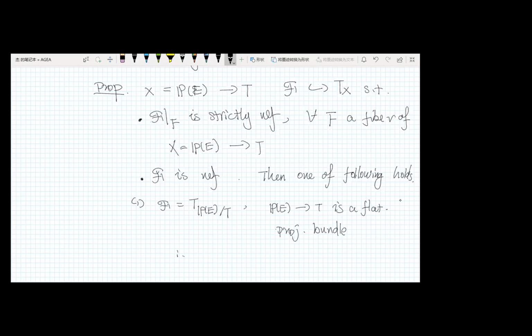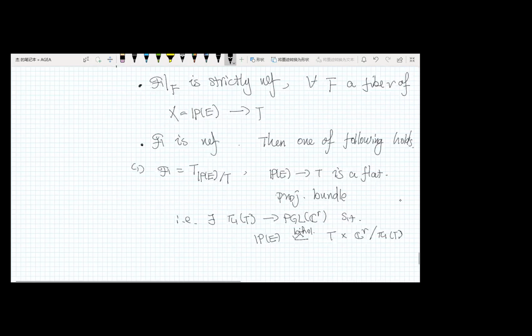That means you can find a representation of pi 1 of T to PGL(r, C), such that P(E) is biholomorphic to the Cauchy projective bundle, which is just the universal cover of T times P^(r-1) quotiented by pi 1 of T. So from here you can see the relation between the structure of such subsheaves in the tangent bundle and also the fundamental group of the total space.